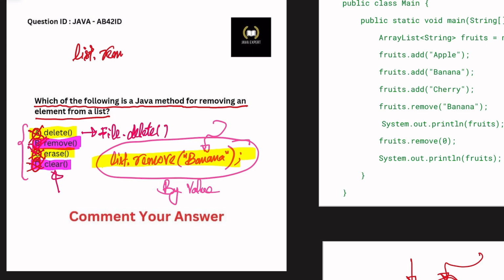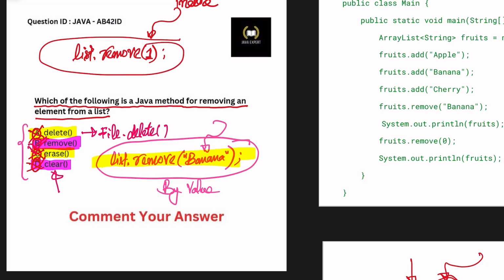Remove 1. What will it do? Remove the element at index 1. So that is what we can do with the remove method, and now we know this is the way which we can use to remove the element by index value.